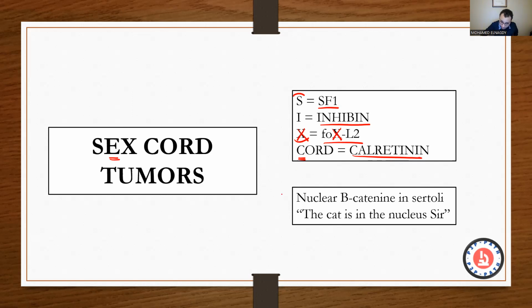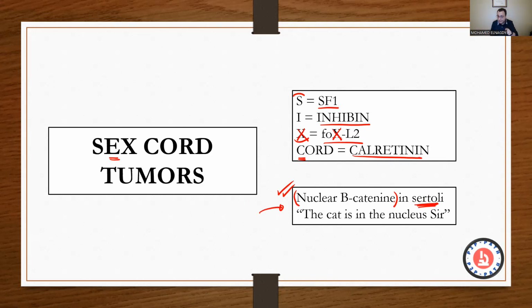And please remember, this fact is commonly asked in the Q banks, that in Sertoli cell tumor, there is always nuclear beta-catenin staining. This beta-catenin is not calretinin. This is different. Nuclear beta-catenin is there in Sertoli cell tumor.